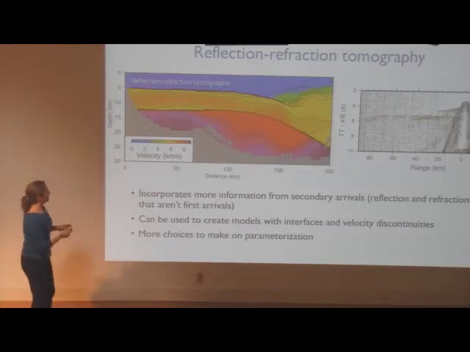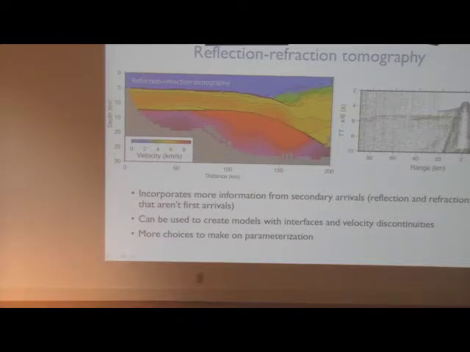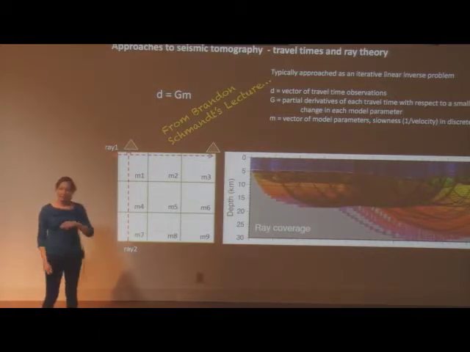Another big source of uncertainty in this model is actually the lower crust. If I go back many figures, we can look in detail at where our ray coverage is within our model.